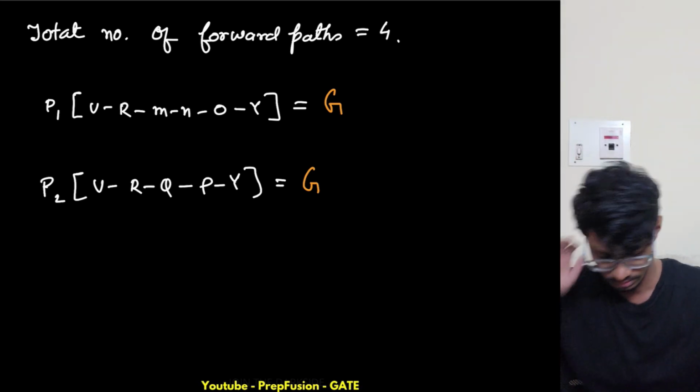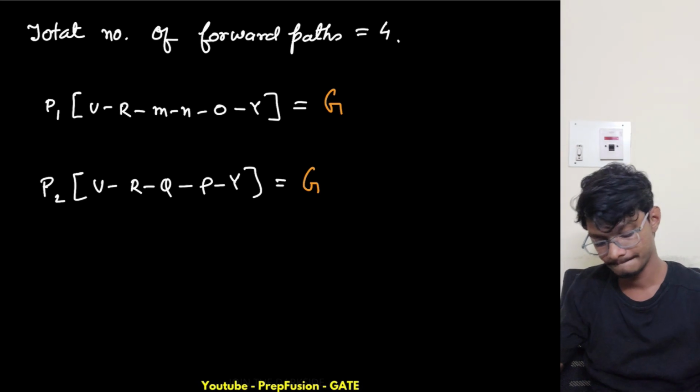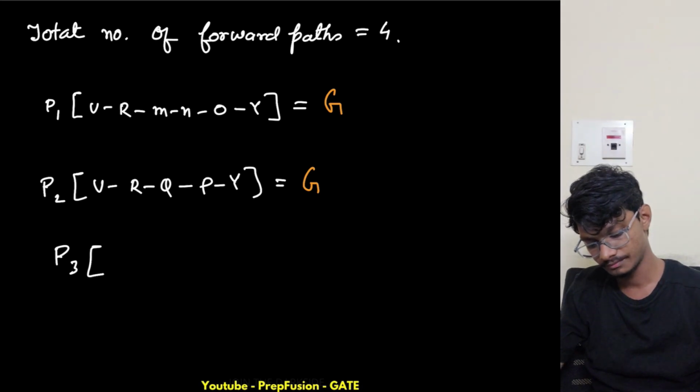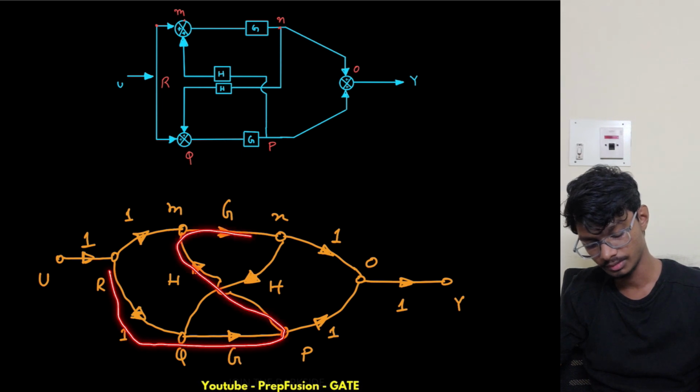Now what is P3? P3 is this one, going from here to here, then coming back from here to here.